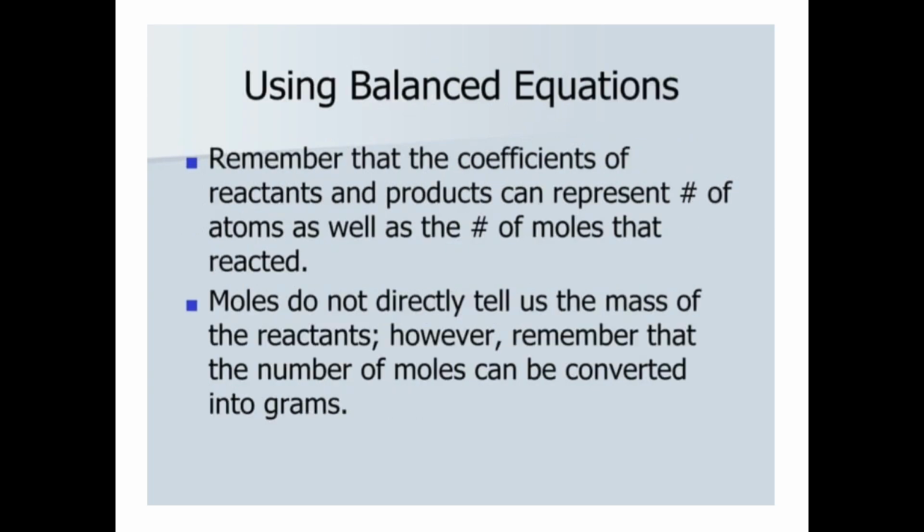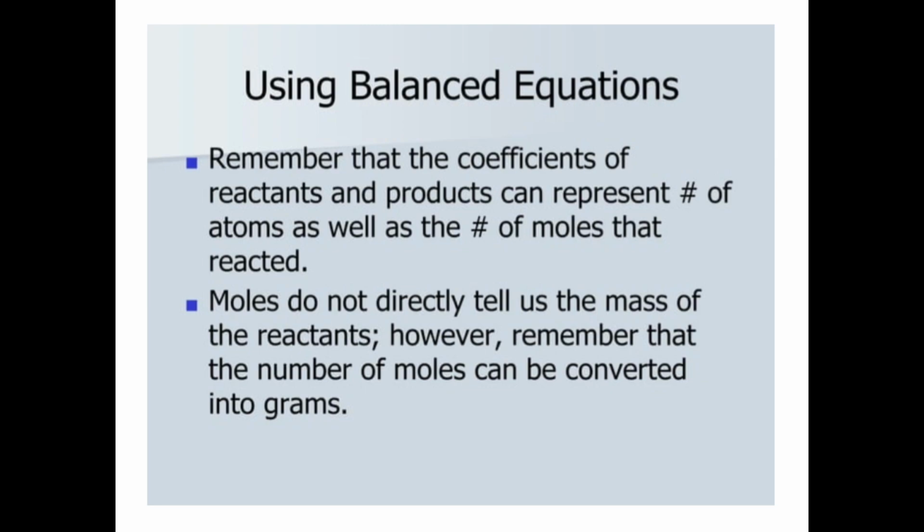Now, in a stoichiometry equation or in a chemical reaction generally, we usually balance our equations. Note that the coefficients of reactants and products can represent the number of atoms as well as the number of moles that are reacted.